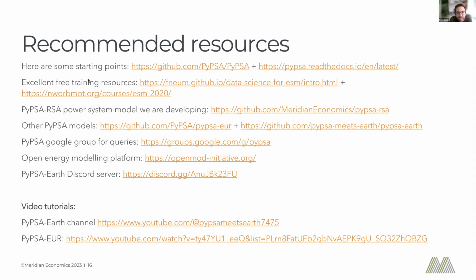So once you've gone through some of the initial Read the Docs, I highly recommend this free course by Fabian Neumann. And there's also a really good series of lectures by Tom Brown. They're from the Technical University of Berlin, and they're really the main developers of PyPSA.